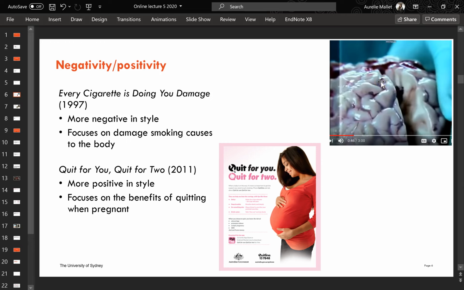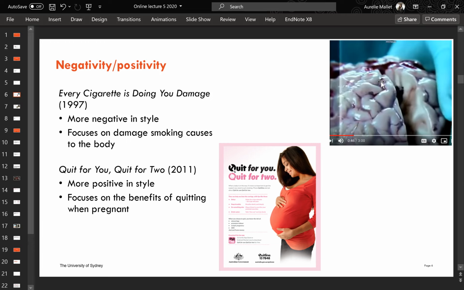This was the one where we saw how smoking affects different areas of the body. This was more negative in style because it focuses more on the damage smoking causes in the body. And then we also looked at the voiceover, looking at the kinds of language used, such as there was a lot of negative evaluation used in this particular ad.